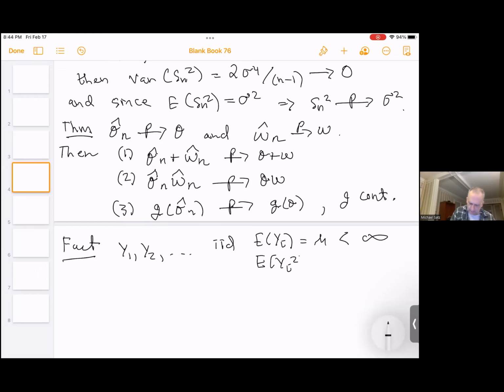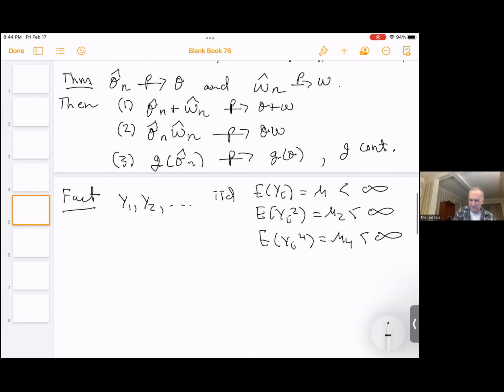E[Yi squared], let's call this mu2, the second moment, is finite, and the fourth moment is finite. I'm not going to find counterexamples, but we're going to be careful and write all these things down. And okay, now we were going to try to show that, I think that's all I need.